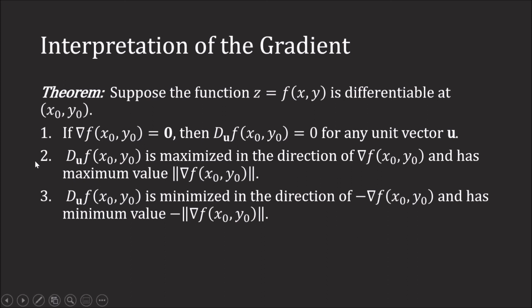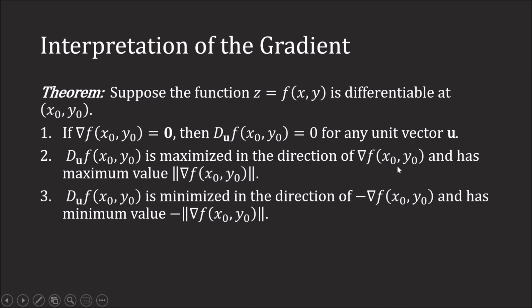So the two important ones out of here: the directional derivative is maximized in the direction of the gradient. So the direction of maximum rate of change is in the direction of this gradient.